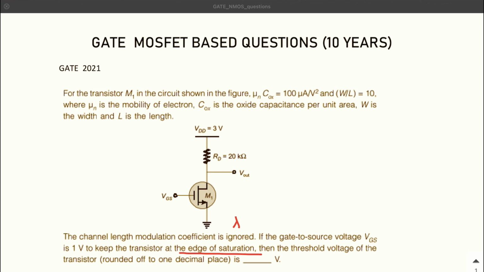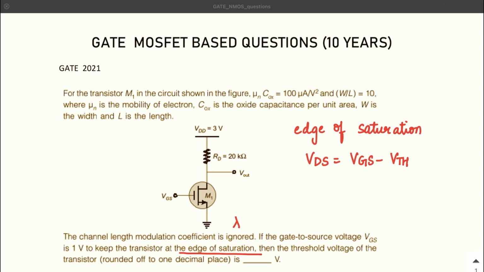To do this question, we first need to understand that the transistor needs to be at the edge of saturation. For this transistor, which is an NMOS, to be at the edge of saturation, the condition that needs to be satisfied is VDS should be equal to VGS minus VTH.